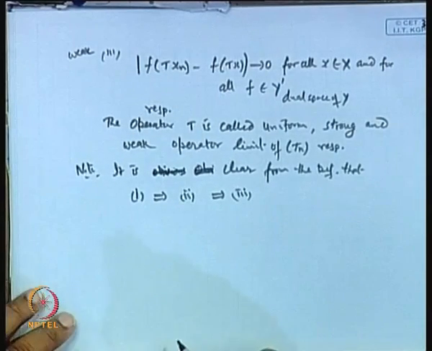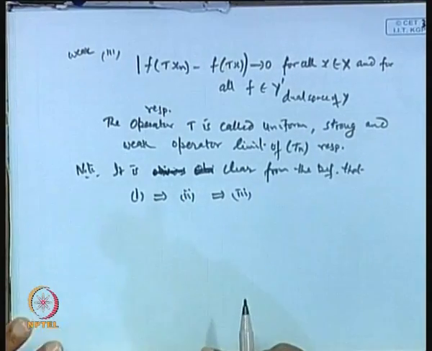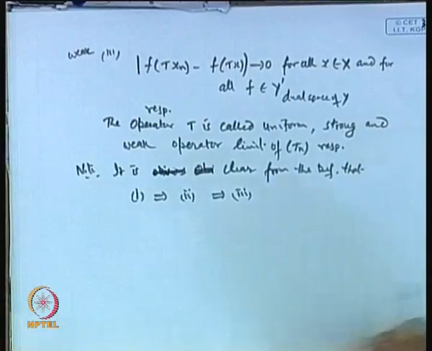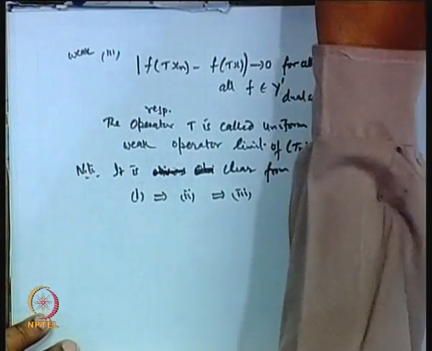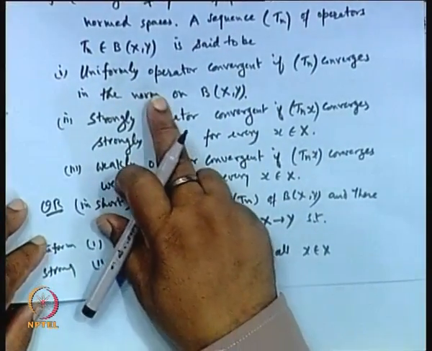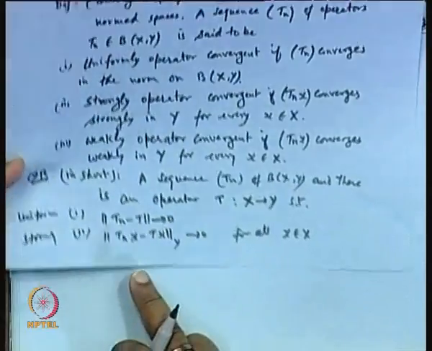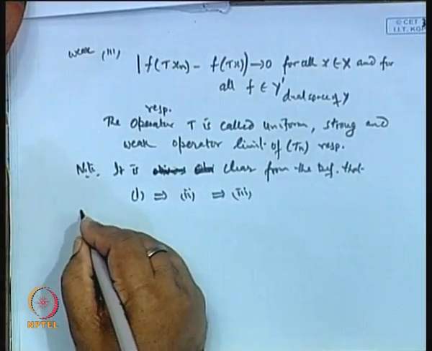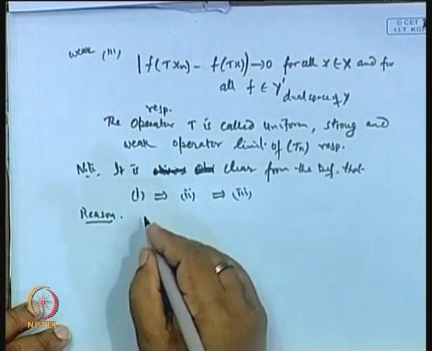Every uniform operator convergent sequence implies strong operator convergence, and strong operator convergence implies weak. Why? Because suppose 1 is given, uniform operator convergence, it means norm of T_n minus T goes to 0.